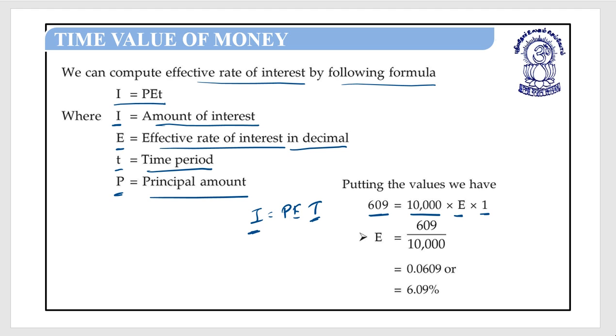So capital E is equal to 609 upon 10,000 into 1, so 609 divided by 10,000. So it is 0.0609. In terms of percentage, it is 6.09%.